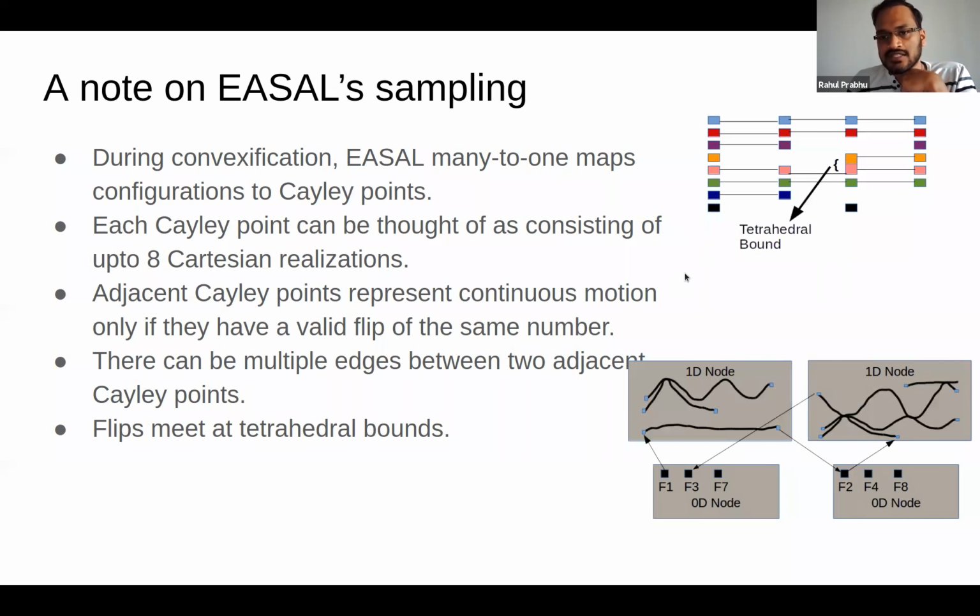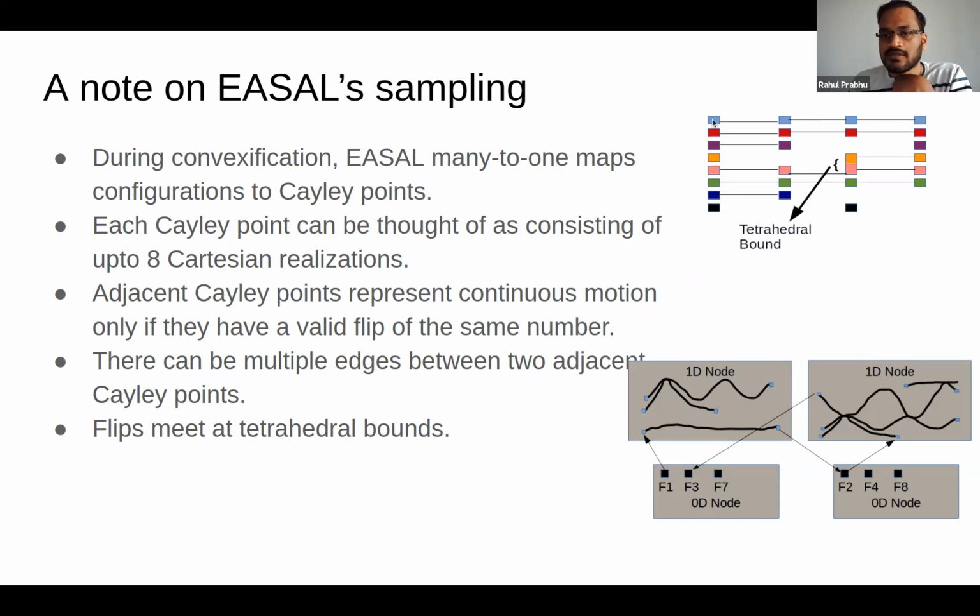So when I'm in a 0D node and I drop a constraint, I could end up in any of these different Cartesian configurations, and I can only traverse along ones that are connected by an edge. If I traverse along this sequence of blue boxes, that represents a smooth one degree of freedom motion.